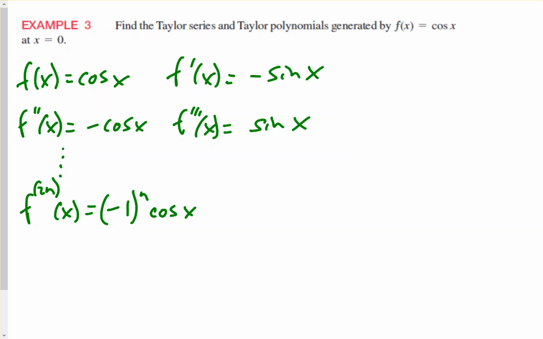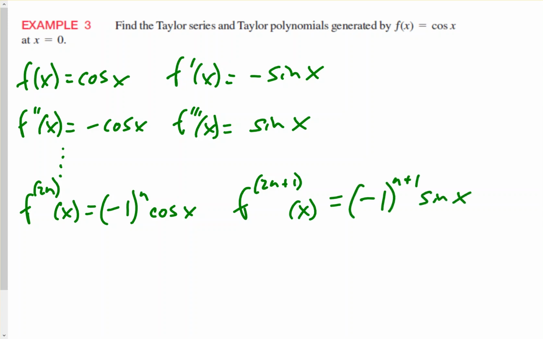And then every odd derivative, f to the 2n plus 1, if you will, of x, will have an alternating sign with the sine of x. So it'll be negative 1 to the n plus 1 of sine x.